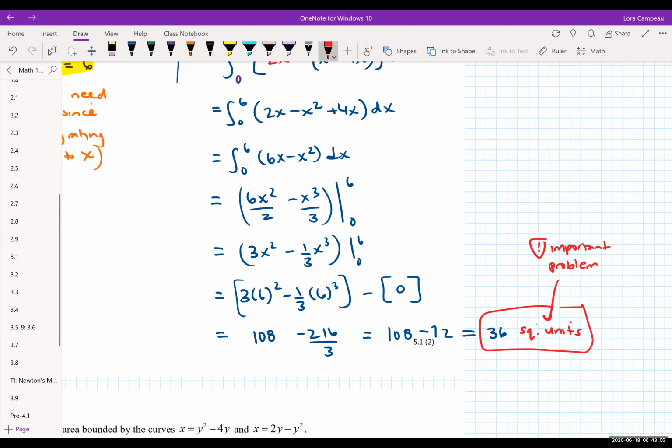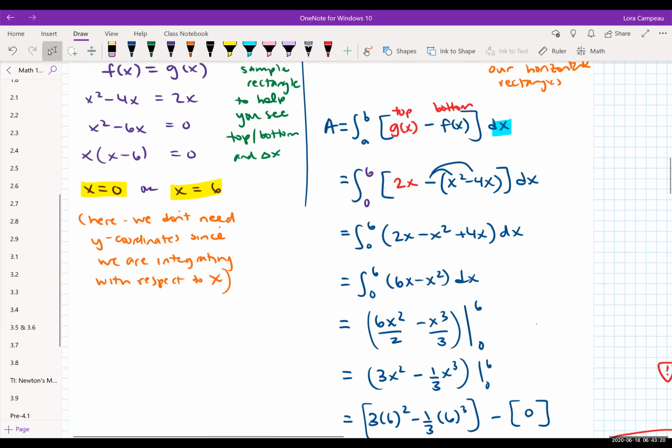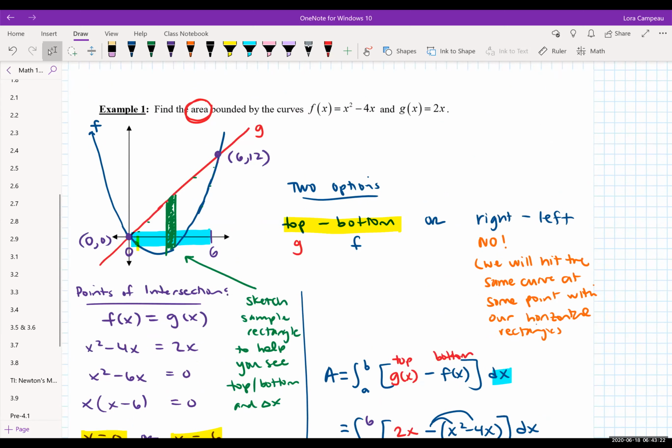It didn't say find the integral. Okay, let that sink in. So, nice application. As long as you have a good idea of what the pictures are doing, you'll probably get through this section quite nicely.